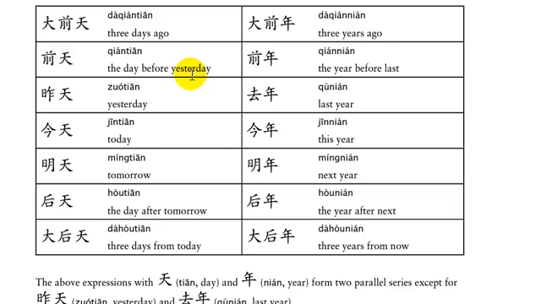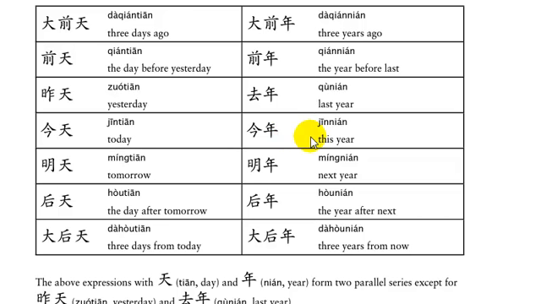Here are some other time expressions that you should review. We have the reference point here, today, 今天. 昨天 is yesterday. 前天 is the day before. And 大前天 is three days ago. Then back to our reference point, 今天. 明天 is tomorrow. 后天 is the day after tomorrow. 大后天 is three days from today. Then we have year.